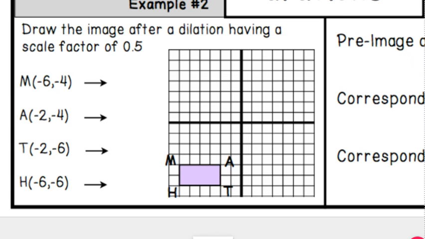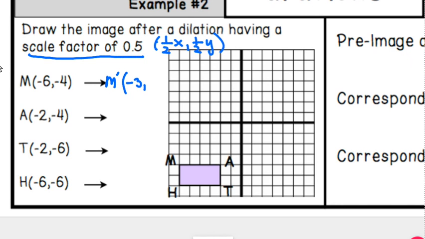So let's get our ordered pairs dealt with first. It says draw the image after a dilation having a scale factor of 0.5. So we're going to multiply each coordinate by 1/2. Okay. So M prime, we're going to cut everything in half. -6 cut in half is -3.